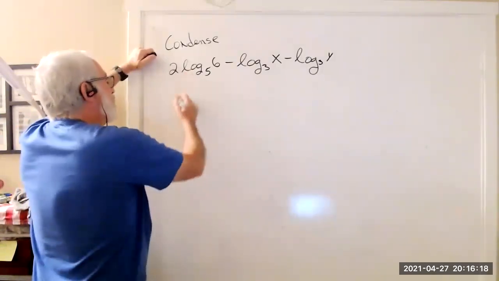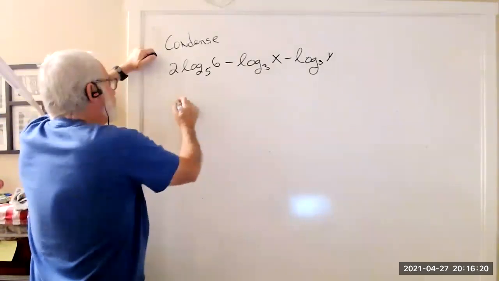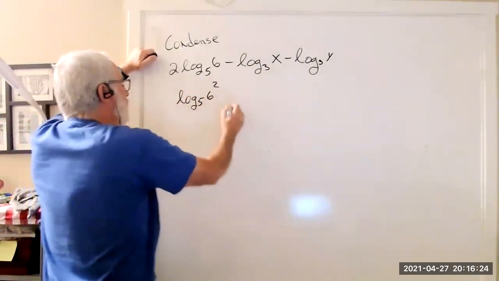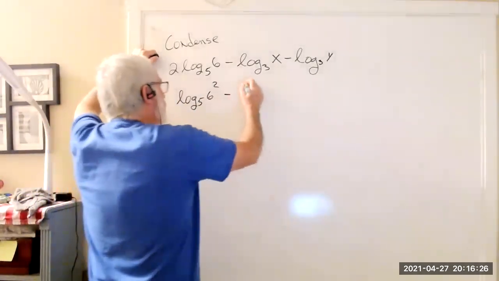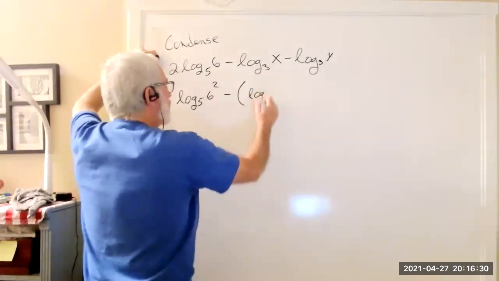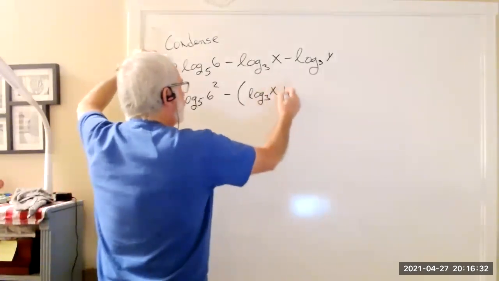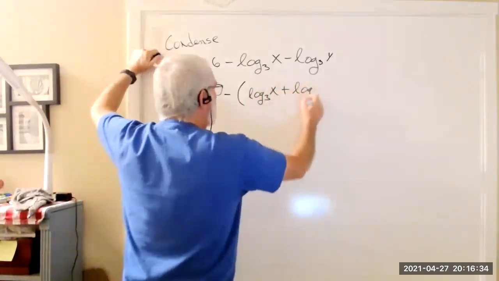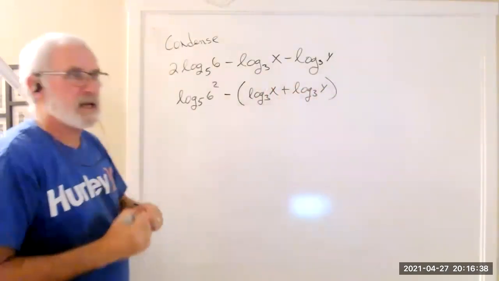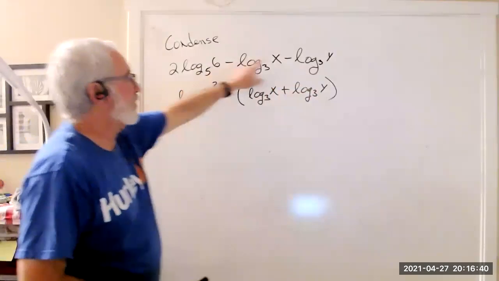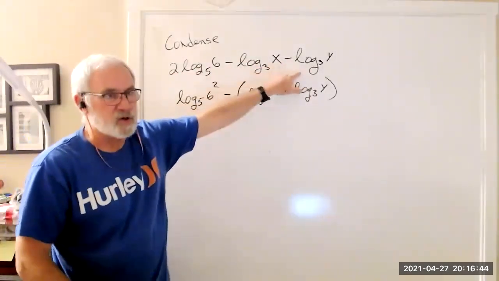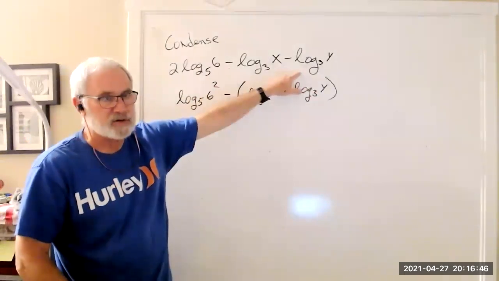So this is log base 5 of 6 squared minus quantity log base 3 of x plus log base 3 of y. Now, look at what I did here. I factored a -1 out of both of these because I noticed they were both negatives.